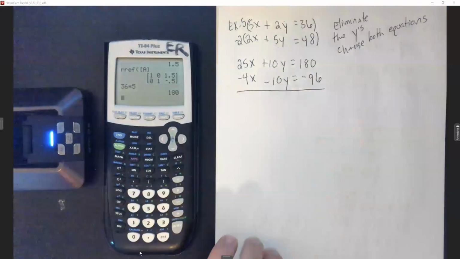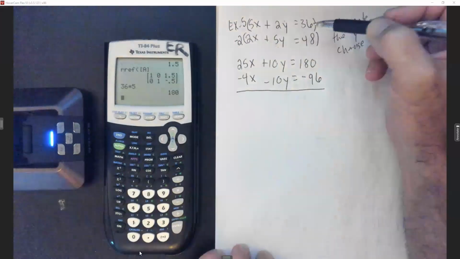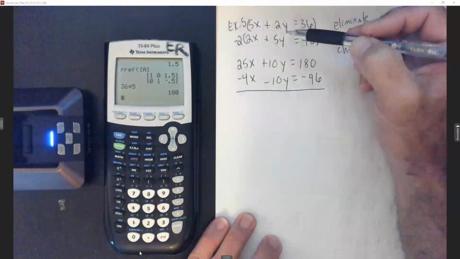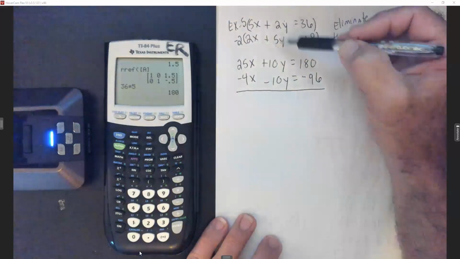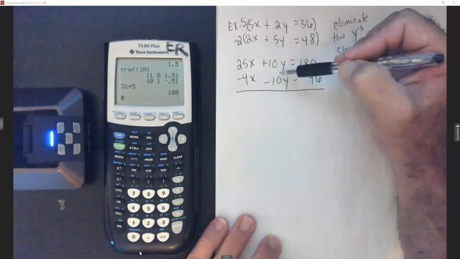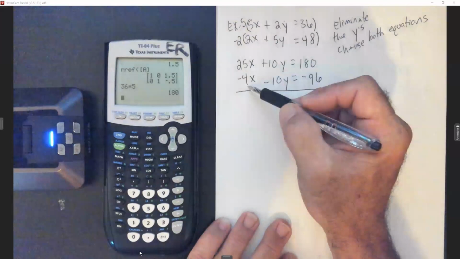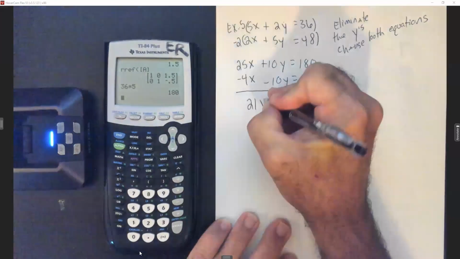So the most work you'll have to do is sometimes you got to change both the equations. And basically, I was just finding the least common multiple between 2 and 5, which was 10. Okay? So let's see what happens here. 25 minus 4 gave you 21 x's. The y's cancel.